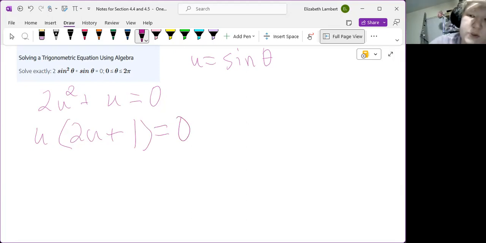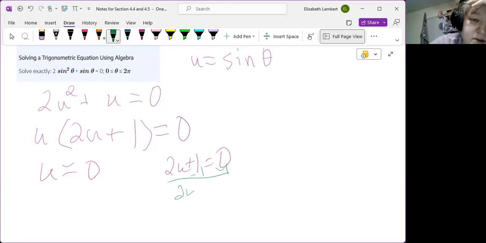So one of these is going to be u equals 0, and then the other one is 2u plus 1 equals 0. So -1, 2u's is -1, divide by 2. So u could also be -1/2.